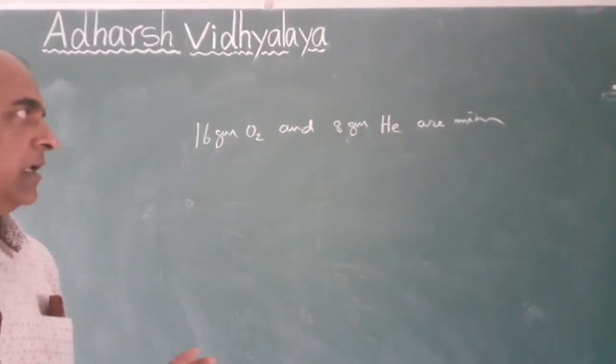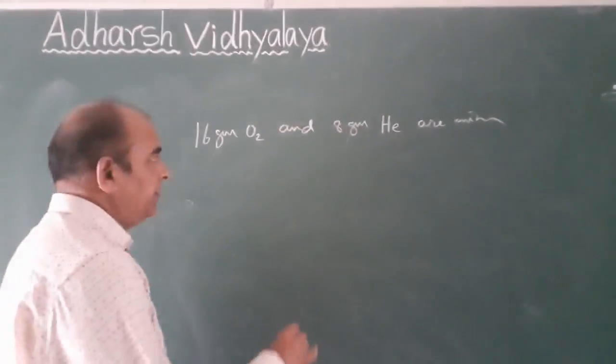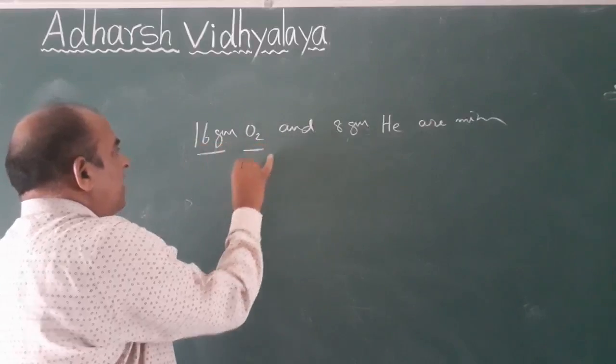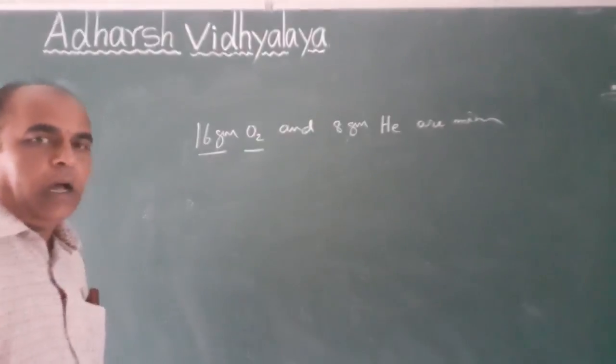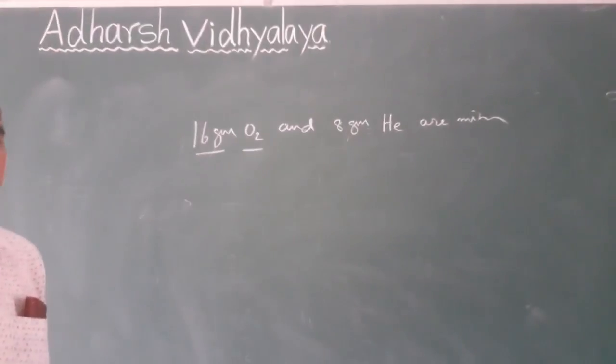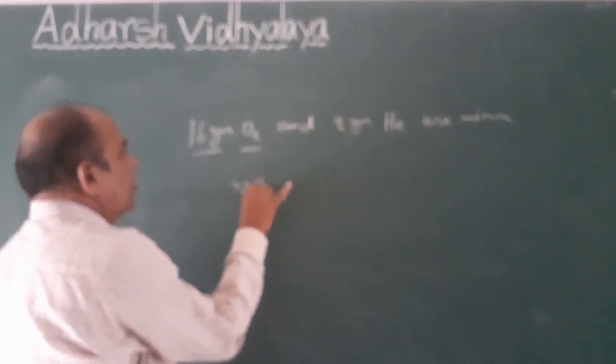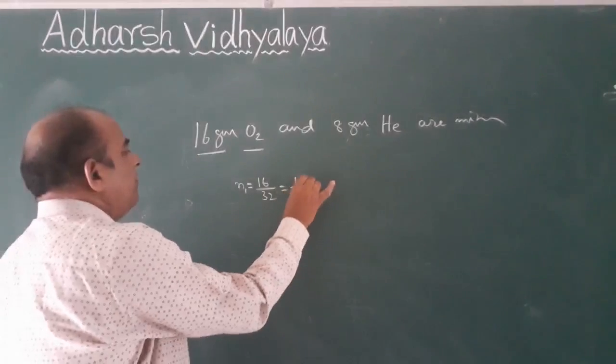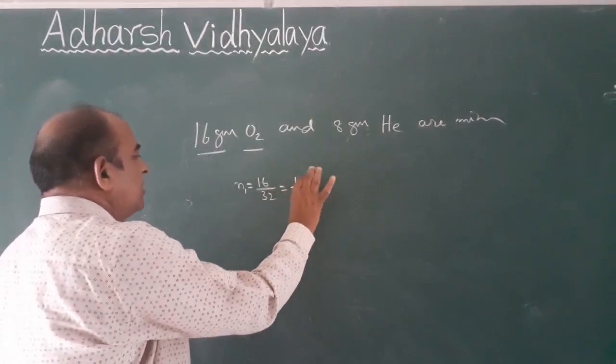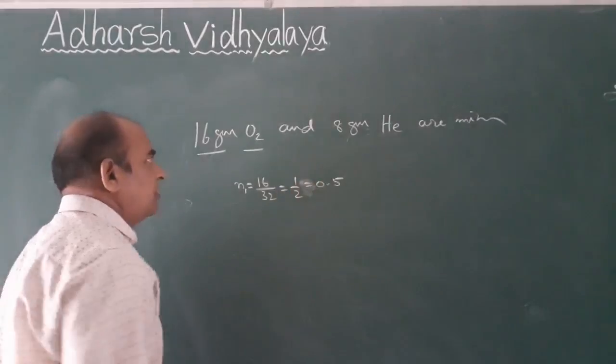Calculate gamma of the mixture. So 16 grams of oxygen. Oxygen molecular weight is 32. So number of moles is equal to mass by molecular weight, so half. Number of moles is 0.5 moles.